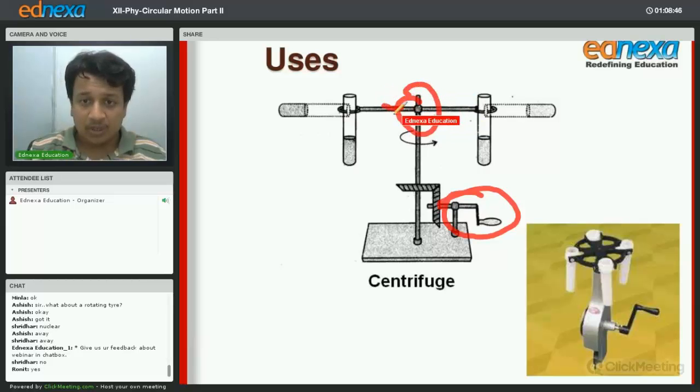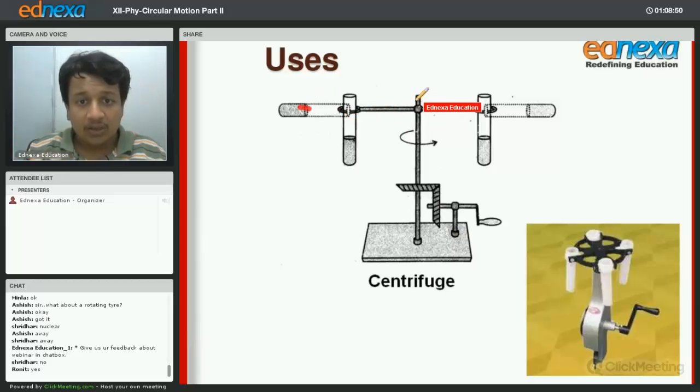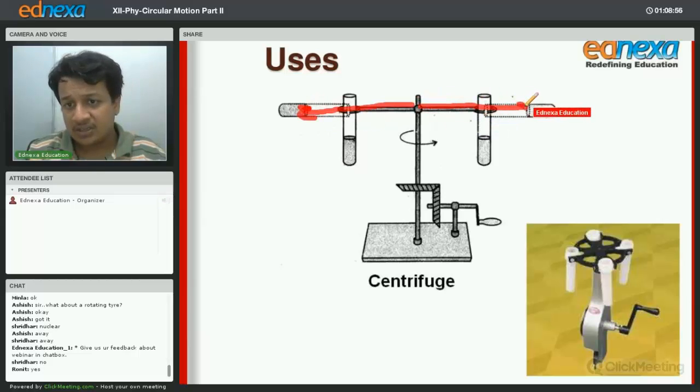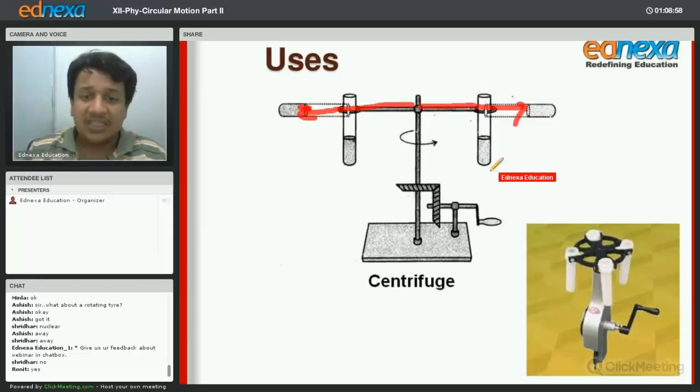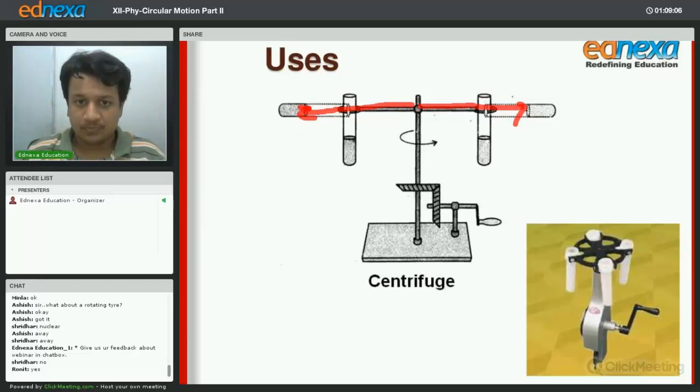When the test tubes become horizontal, centrifugal force will act in this direction and in this direction. This centrifugal force will push all these particles towards the bottom of the test tube, and therefore the precipitate PPT will get collected at the bottom of the test tube.